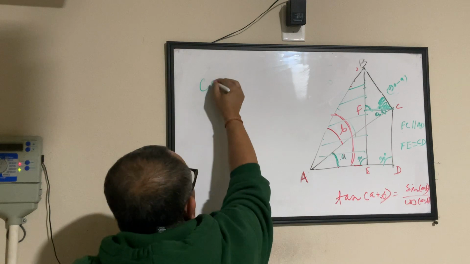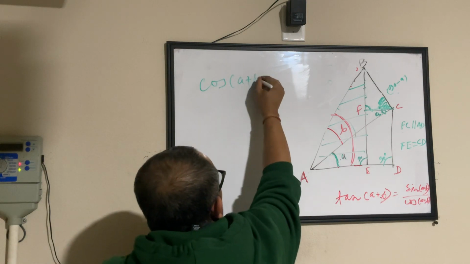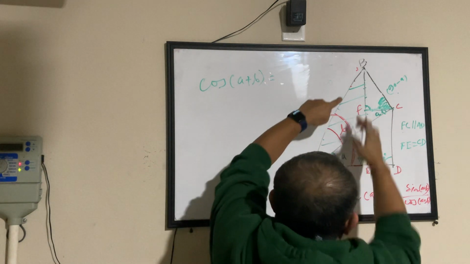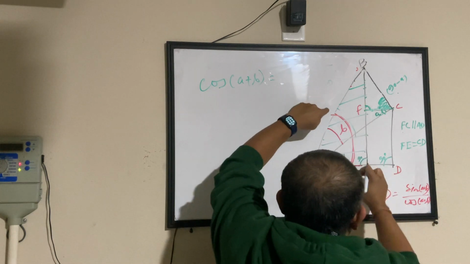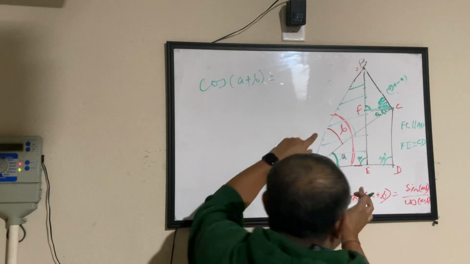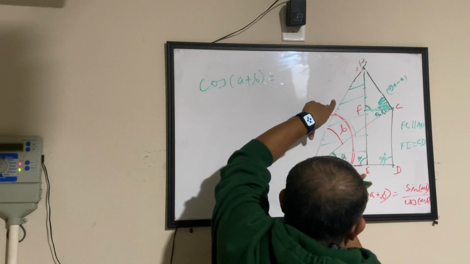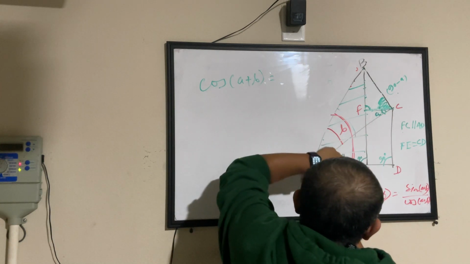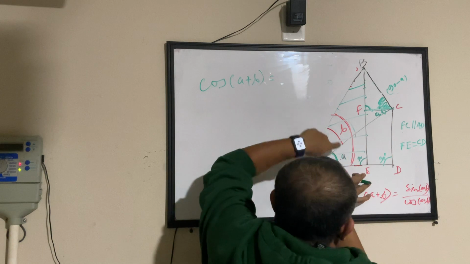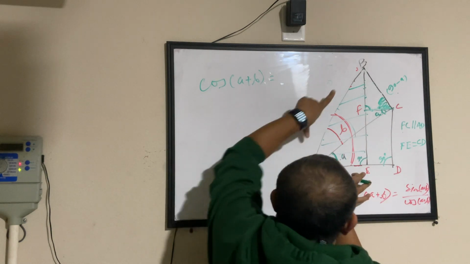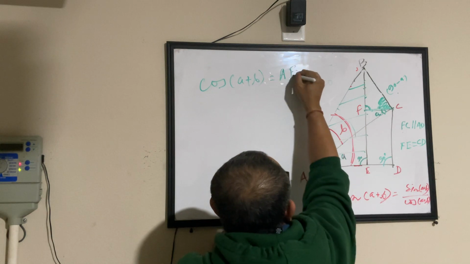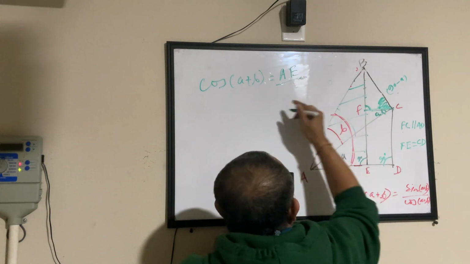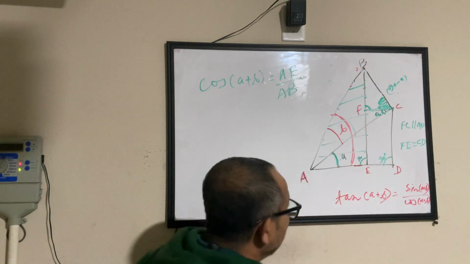So cos of A plus B is in this triangle the angle A plus B. Cos of A plus B is nothing but the base, the adjacent side, divided by the hypotenuse. As per SOH CAH TOA, this side is AE divided by AB.